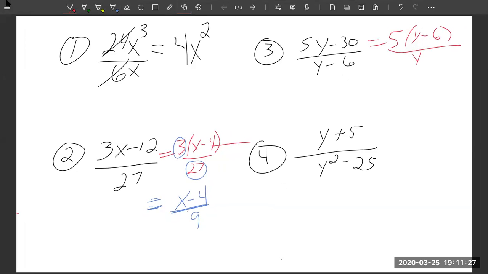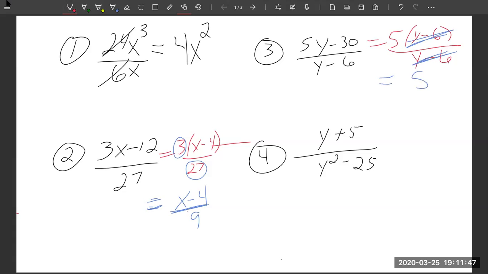And we've got a y minus 6 in the bottom. Now, when we're simplifying rationals, if there's a binomial in the top and a binomial in the bottom that's exactly the same, we cross those out. What's left is the final answer.